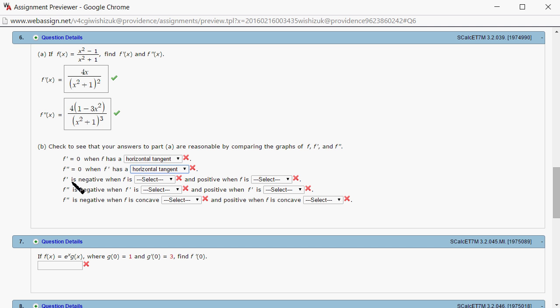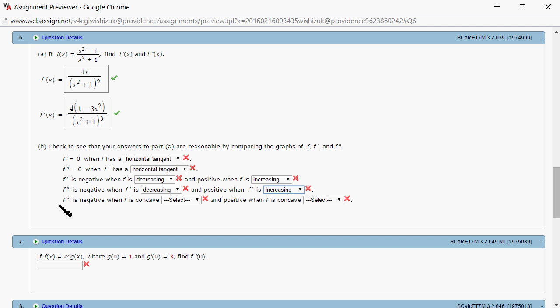If f prime is negative, that means f is decreasing. If positive, then of course it's increasing. If f double prime is negative, then f prime is decreasing, and if positive, f prime is increasing.